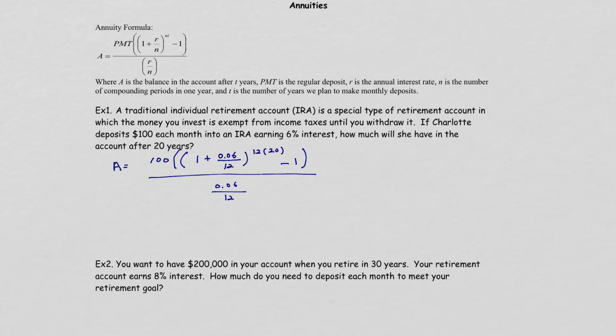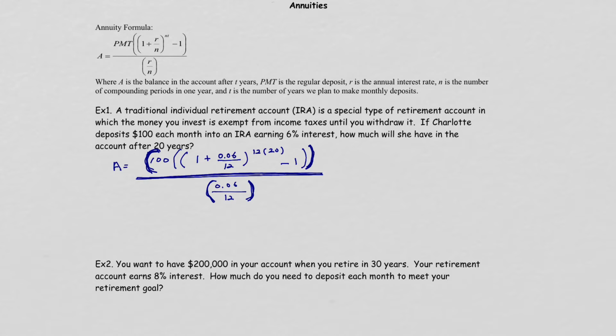If you're going to put all this in your calculator, and if you have a graphing calculator that can do all this at once, you need to make sure you put another parenthesis here, to show this is going to be the numerator, and another parenthesis right here to show this is the denominator. So we can differentiate which is numerator versus denominator, right? Otherwise, you're not going to get the right number.